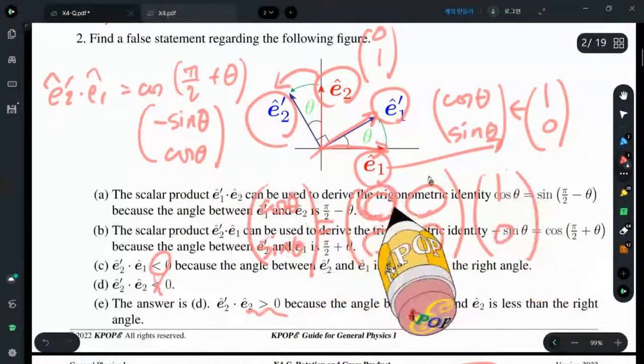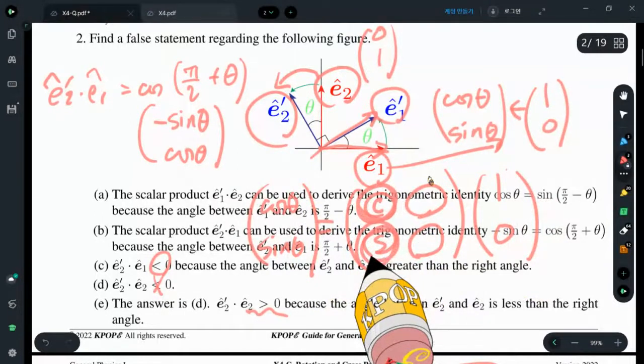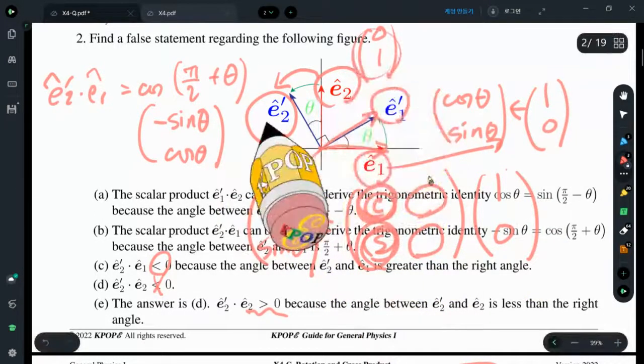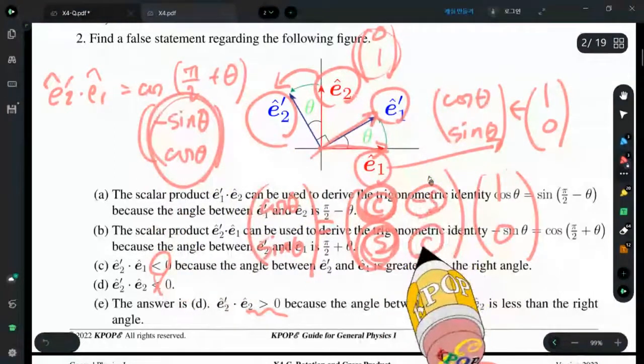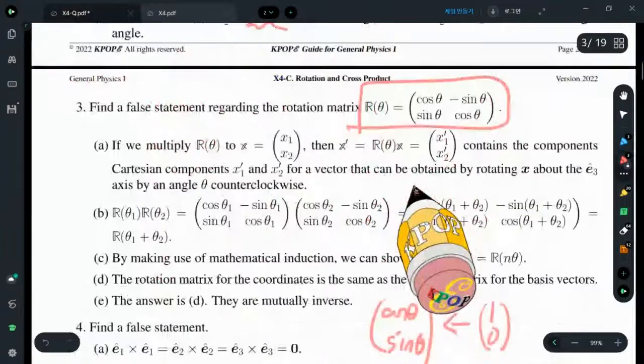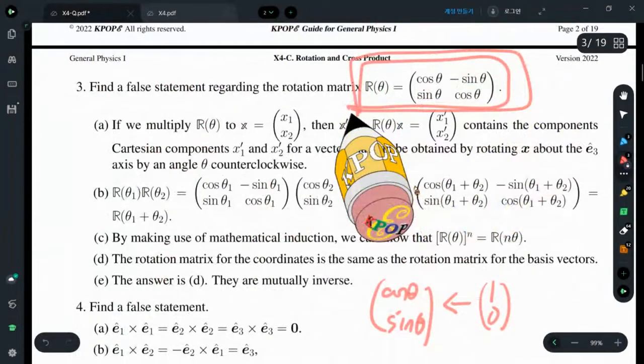This shows that the first column is cosine, sine. And this shows that the second column is minus sine, cosine. That's the reason why the rotation matrix is of this form.